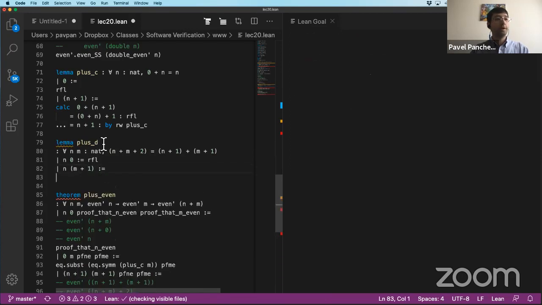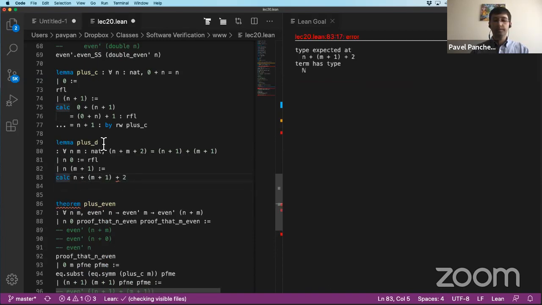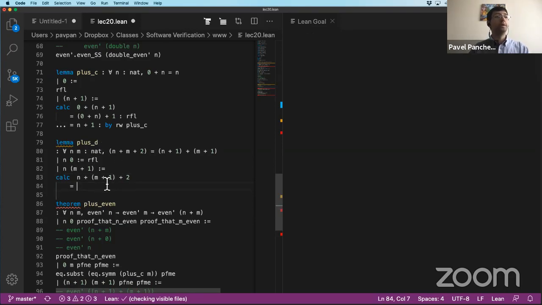And in this case, again, we are starting from n plus m plus 1 plus 2, which is equal to, because we can now do some computation, n plus m plus 1 plus 2.